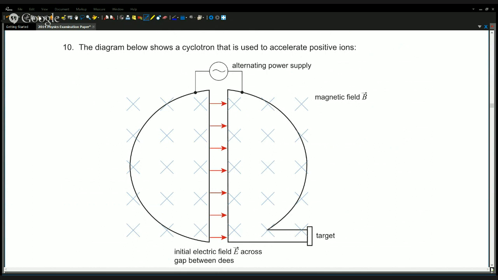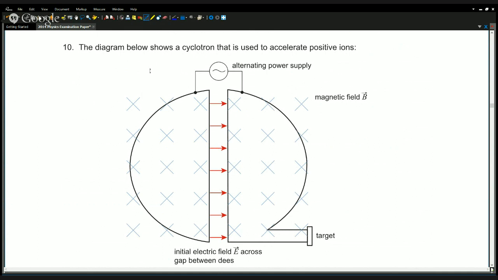It's not working. Just trying something out. All right, never mind. Alrighty, moving on.